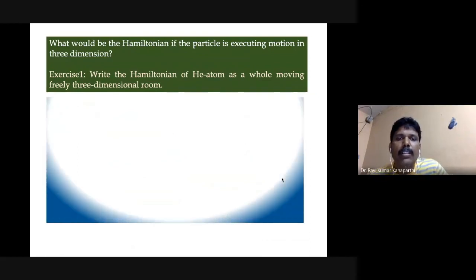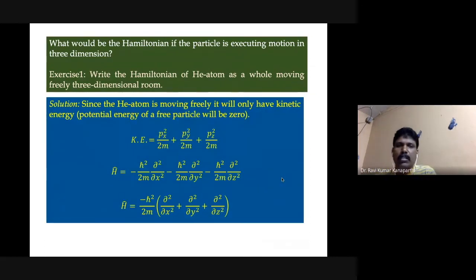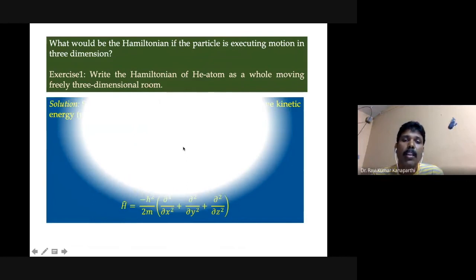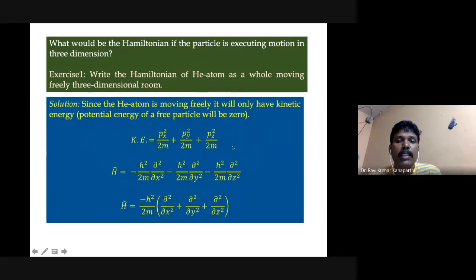We will have the x, y, z components. For the kinetic energy, if the particle is moving in one particular direction, we normally take px square by 2m. But if it is moving in three dimensions, we take the three components. This is the classical mechanical expression.